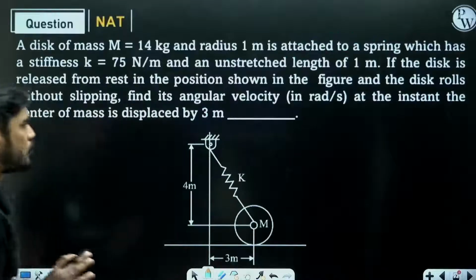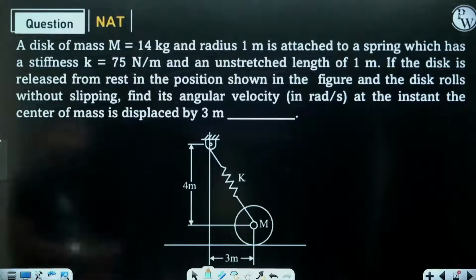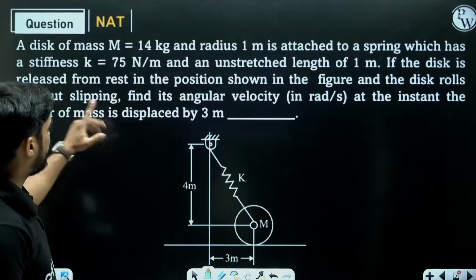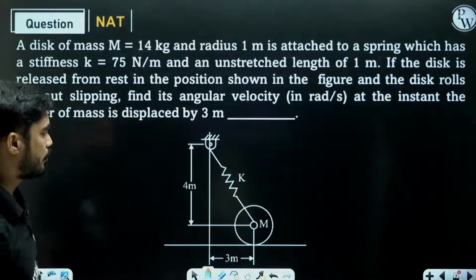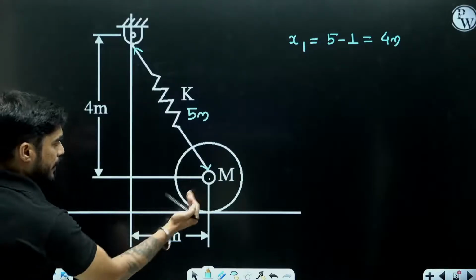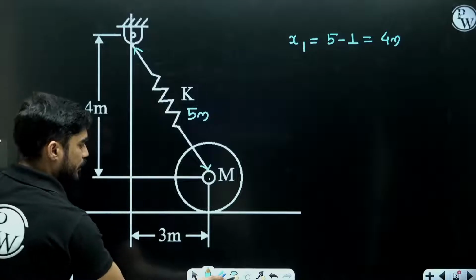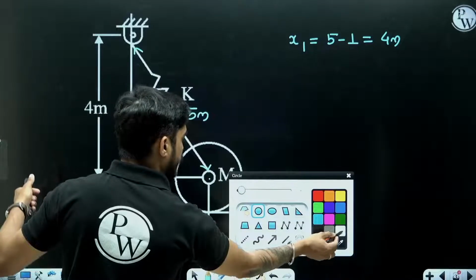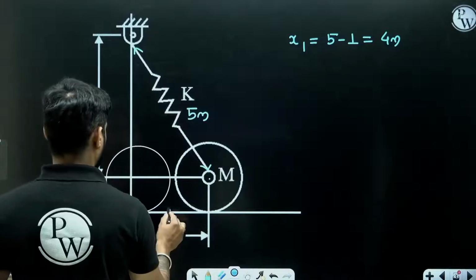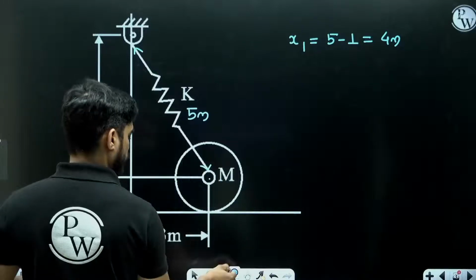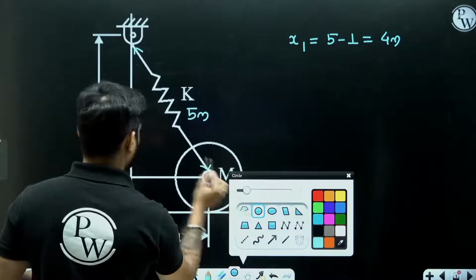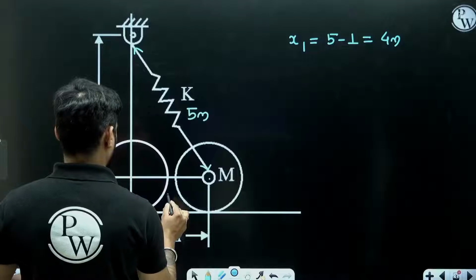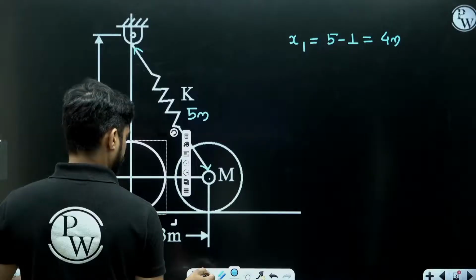Now the disk is rolling without slipping. They are saying at the instant the center of mass is displaced by 3 meter, means this is the center of mass. When it gets displaced by 3 meter, the disk will come here.